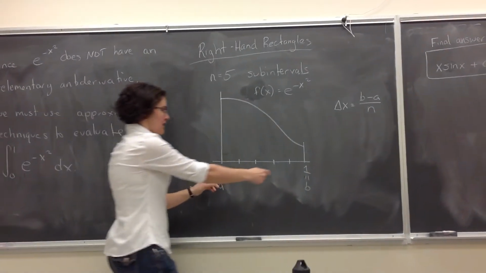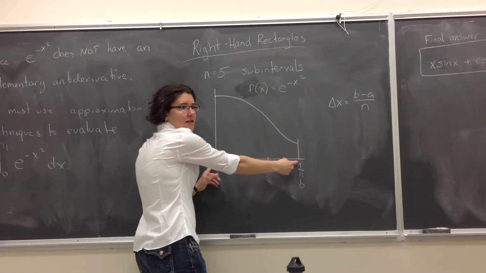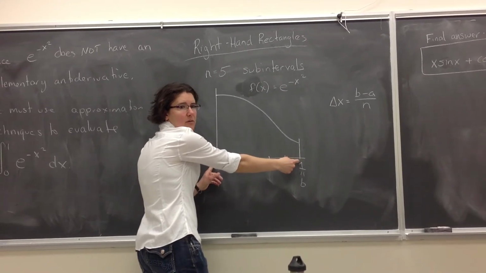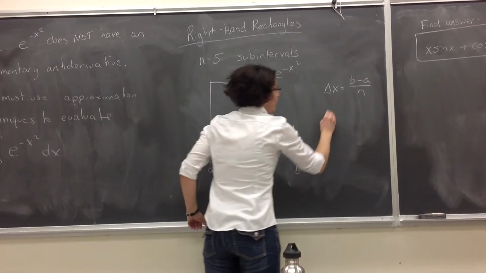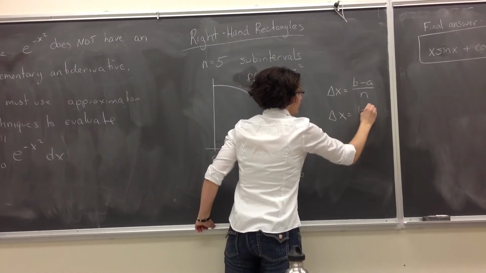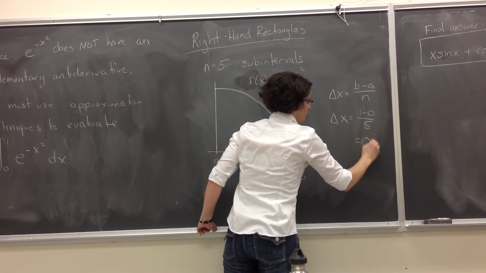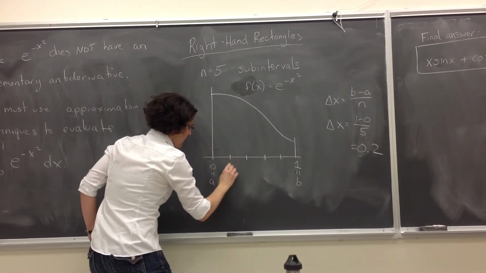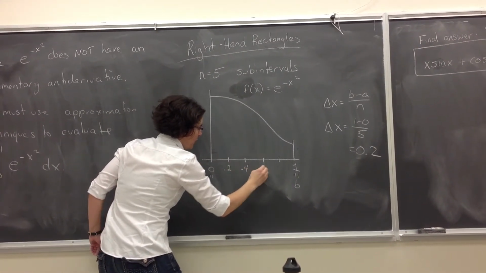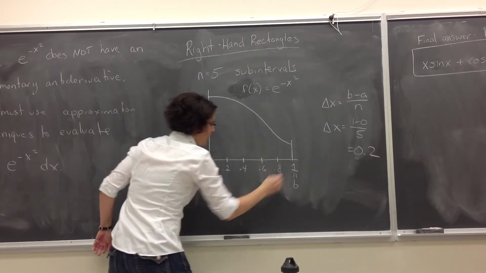Or I can look at this and say, look, the distance is 1, and I need to divide that up into 5 equal units. But 1 divided by 5 is 0.2. So I can mark off these other values: 0.2, 0.4, 0.6, and 0.8.